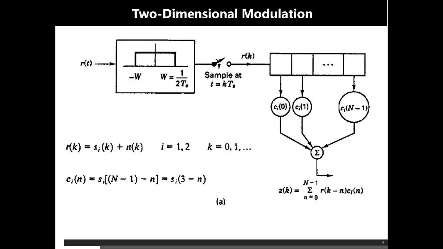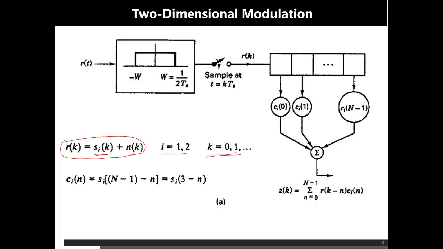In implementation you always use digital versions of all the filters, for the implementation of the digital transmitter and digital receiver. So the model will look like this: R of k will be equal to S_i of k plus N of k, where N of k is the AWGN noise. And we are talking about binary, so i is equal to 1 to 2, and the small k are the time indices.